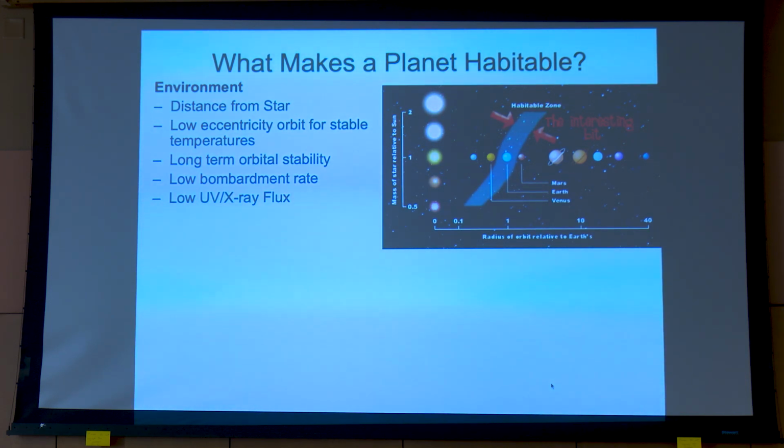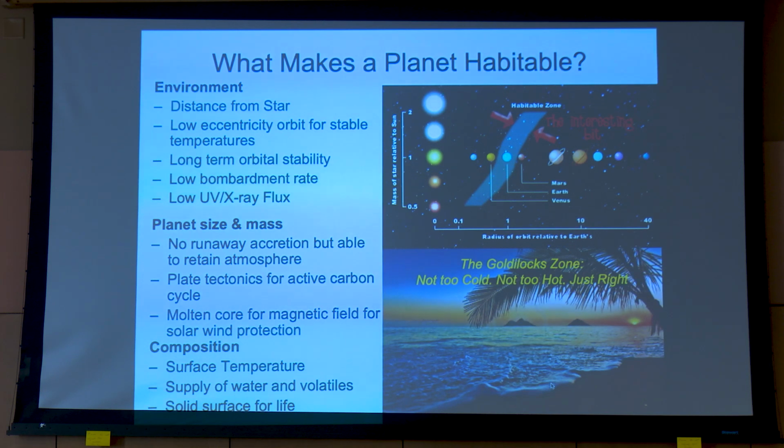You want long-term orbital stability in terms of other planets in the system. You want a low bombardment rate. You don't want to be continually hammered with comets and rocks from an asteroid belt or a Kuiper belt. And you want to have a low UV and X-ray flux, at least during the time that you're trying to sit there stably and create or maintain life.